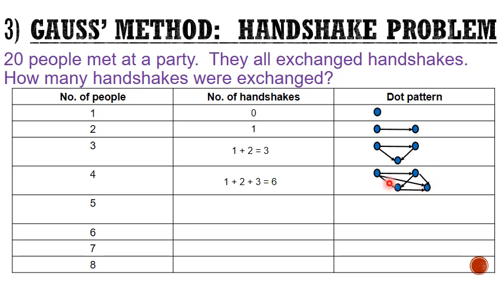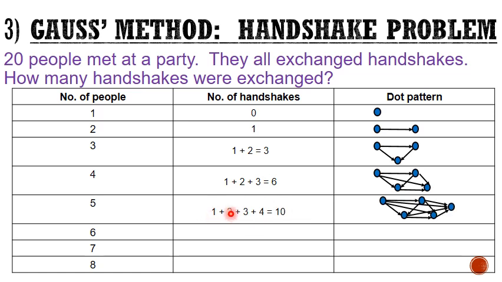You shake hands with him, the second person also shakes hands with him, and the third person also shakes hands with him. Add all the handshakes together: 1, 2, 3, 4, 5, 6. Or if you write it down in a pattern, it will be 1 plus 2 plus 3 equals 6. So for the next one that comes in, what do you think we should write over here?